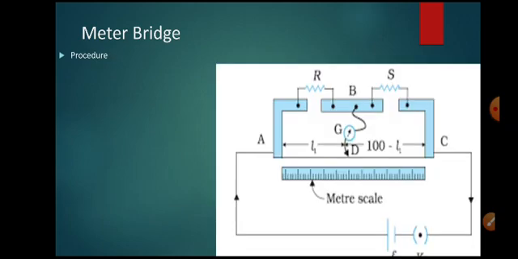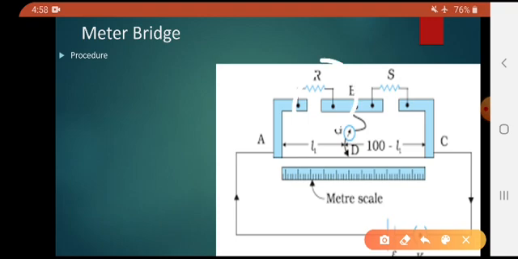Now I see the picture. A, B, C are the three metal strips. In between A and C, the 1 meter wire is connected, which is uniform in cross-sectional area. In between the A and B metal strips is gap 1.